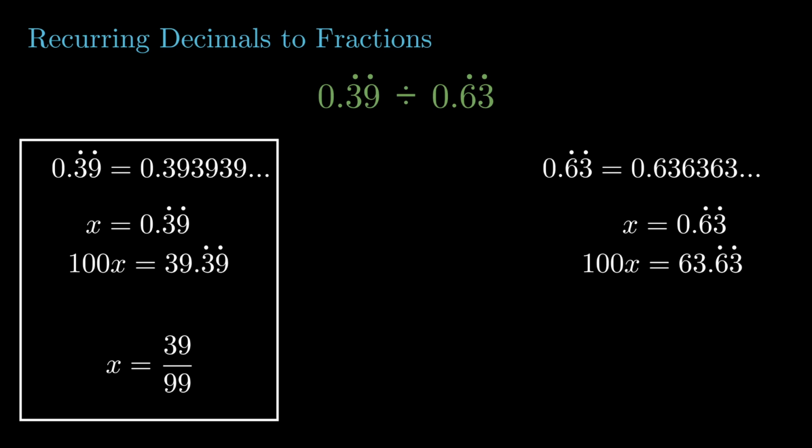As you can see, they can be subtracted from each other and the recurring decimals will cancel out. So we're left with 100x minus x, which is 99x, and 99x is equal to 63. Now to get x by itself, we just divide both sides by 99. So we get x is equal to 63 over 99.